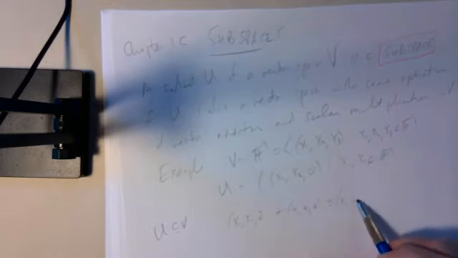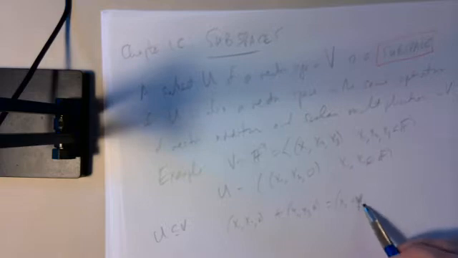So we have, first of all, U is contained in V. So U is a subset of V. And if we take x1, x2, 0, and y1, y2, 0 in U, and we add them, we add coordinate-wise, x1 plus y1, x2 plus y2, 0 plus 0 is 0. This is still in U.